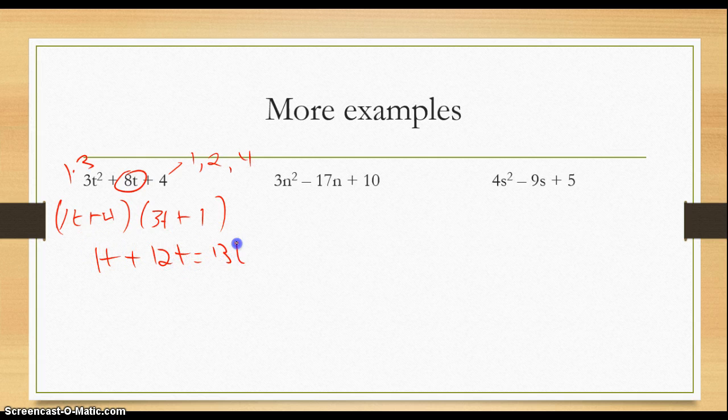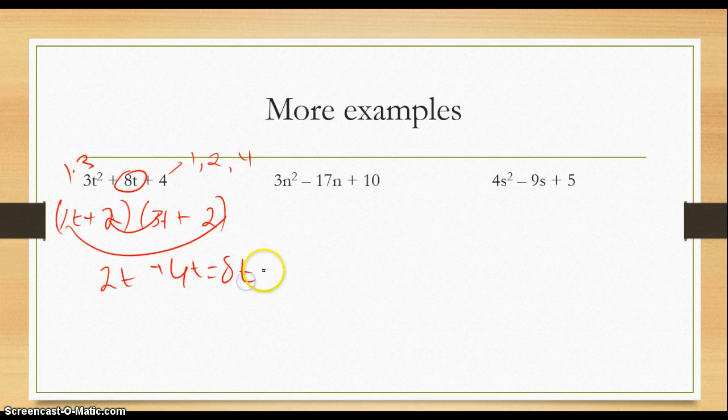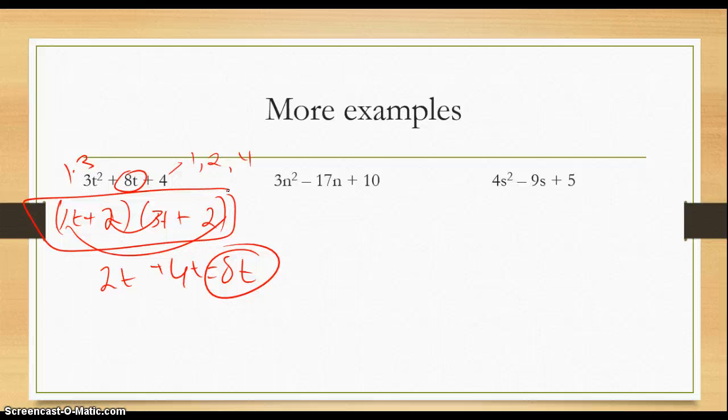Gives me 13t. So unfortunately the 1 and 4 did not work out here. So I had to go to the 2 and 2. So 2t plus 6t equals 8t. So this would be my final answer. So again, you have to do some guessing and checking to see where your answer is.